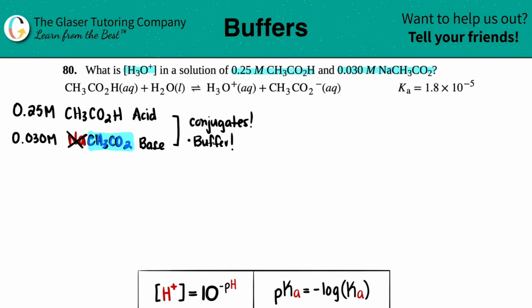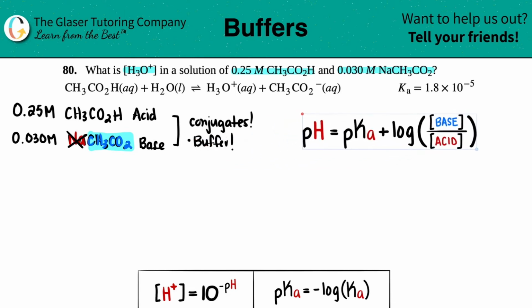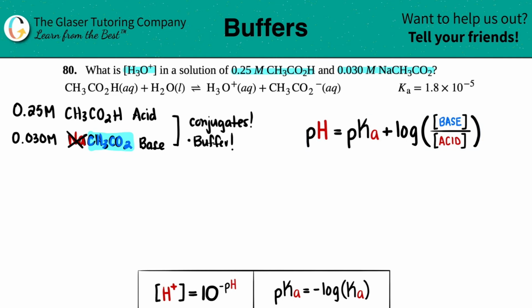That is the Henderson-Hasselbalch equation, which is this one right here. I would just memorize this equation: pH equals the pKa plus the log of the concentration of the base divided by the concentration of the acid. That's why we have to have two amounts.